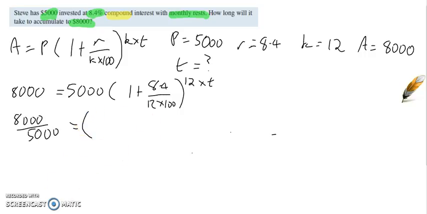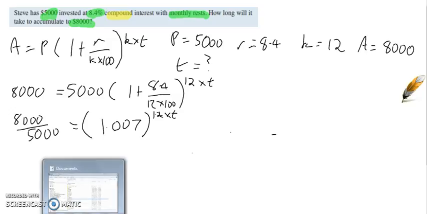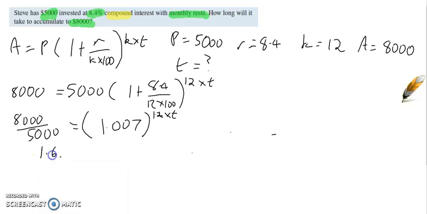So if we type what's in the brackets into our calculator, we end up with 1.007. And we have 1.6 equals 1.007 to the power of 12 times t.